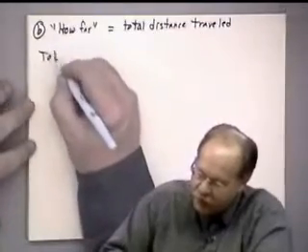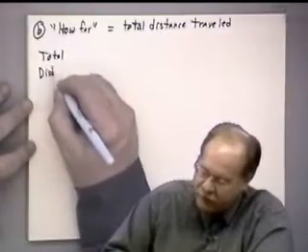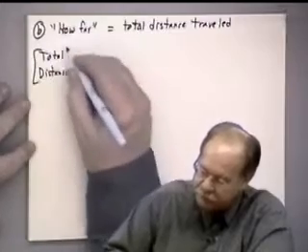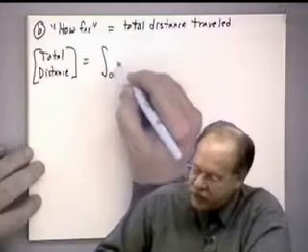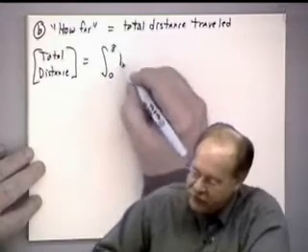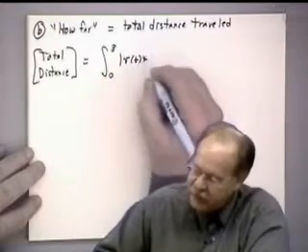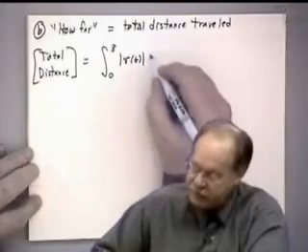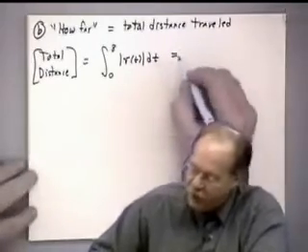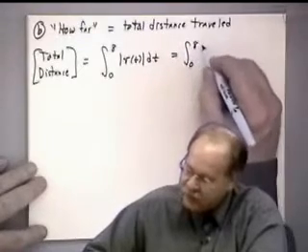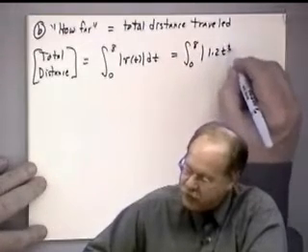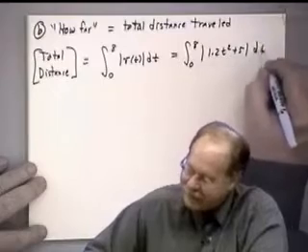So, total distance, as we learned from the previous page, is equal to the integral from t0 to t1, which is 0 to 8 seconds here, of the absolute value of the velocity, which is the speed, dt. Well, we have the velocity from the previous page, so this is the integral from 0 to 8 of the absolute value of 1.2 t squared plus 5 dt.